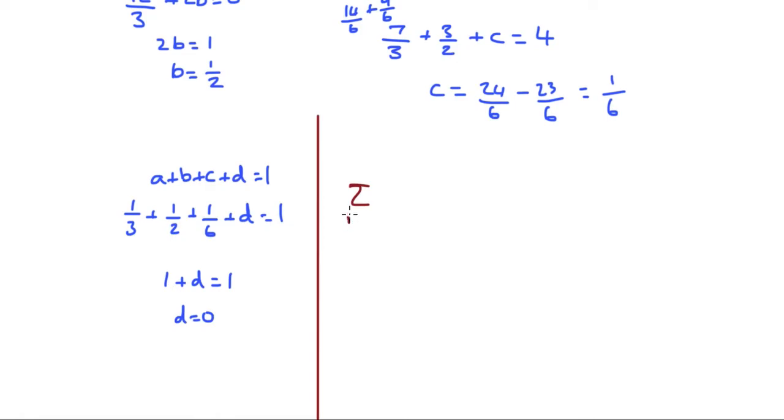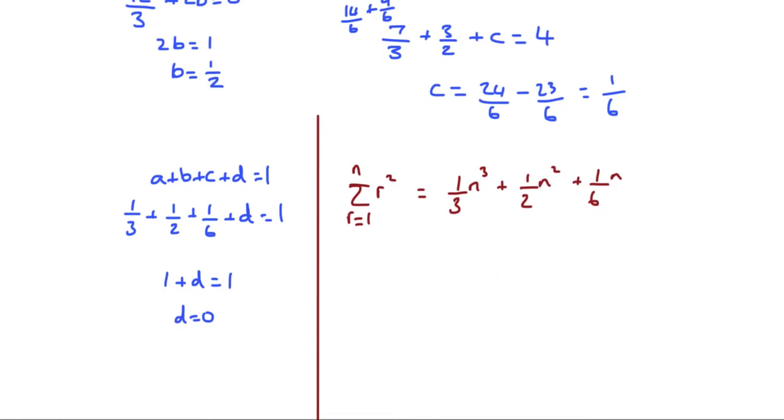So all that means is that the sum of the squares of the natural numbers from 1 to n is going to be equal to An cubed. A was a third, so a third n cubed plus a half for B, a half n squared plus a sixth of n. D was 0, so that's it. We can simplify this, we can write this more neatly.